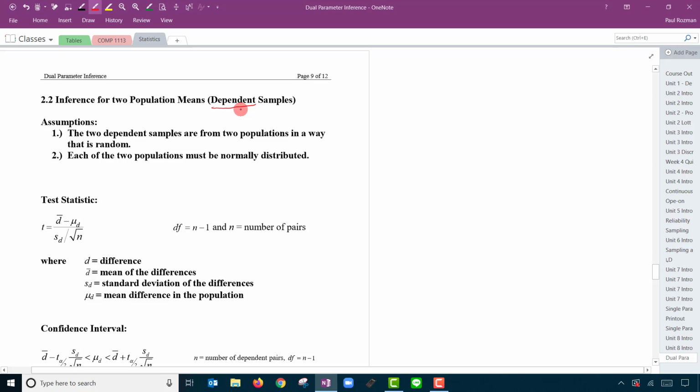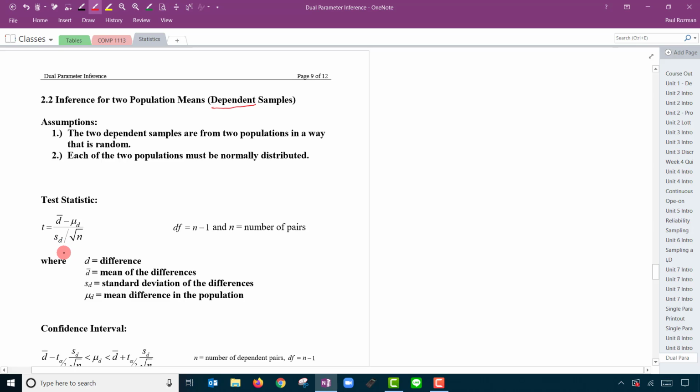In order to do this dependent sample test, again, we'll have to have samples that are dependent, randomly chosen, of course, and we need that normal distribution condition. The test statistic is just a t-score, and it looks familiar.